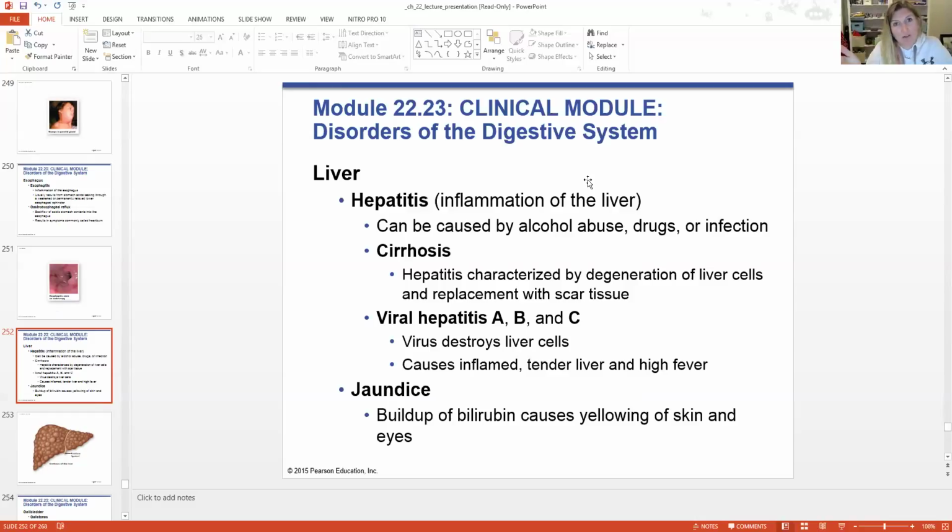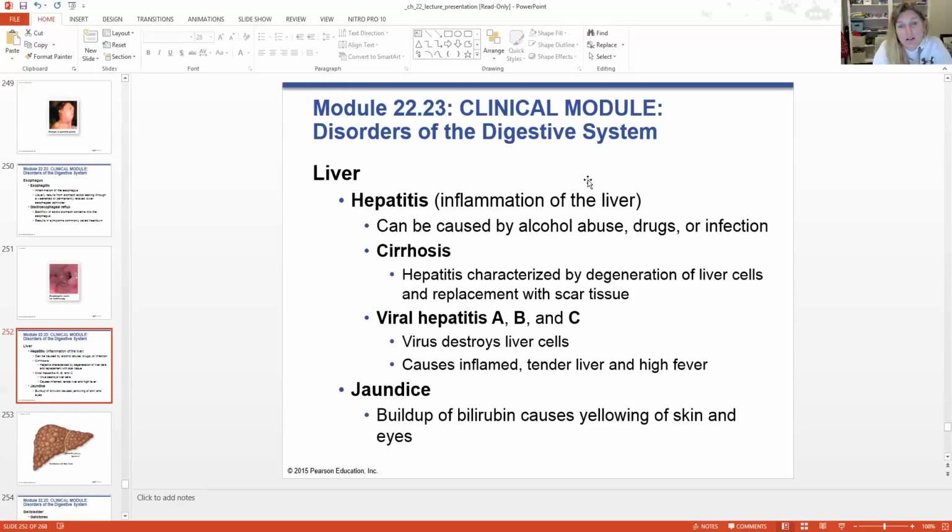So when that enterohepatic circulation of bile occurs, that bile is being taken back up by the large intestine or small intestine and routed through the hepatic portal system, because remember, all veins from the digestive tract go to the hepatic portal system, and then that bile is removed back from the blood and stuck back in the gallbladder. So it's basically recycled.